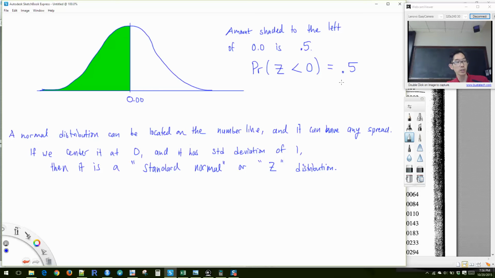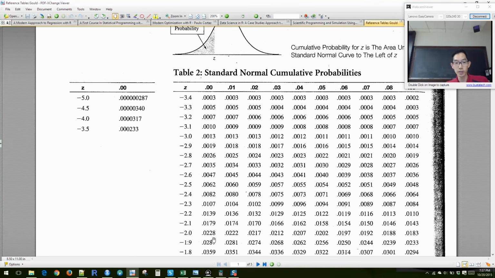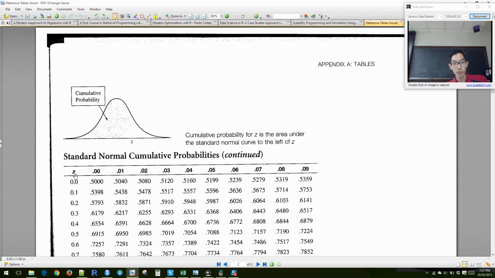We have to find the location where Z is 0.00, okay? So we can go to the positive side. This 0 actually shows up on both sides of the table. But if we go to the positive side of the table and go to the very top left corner, we see at 0.0 and 0.00, we have 0.5.